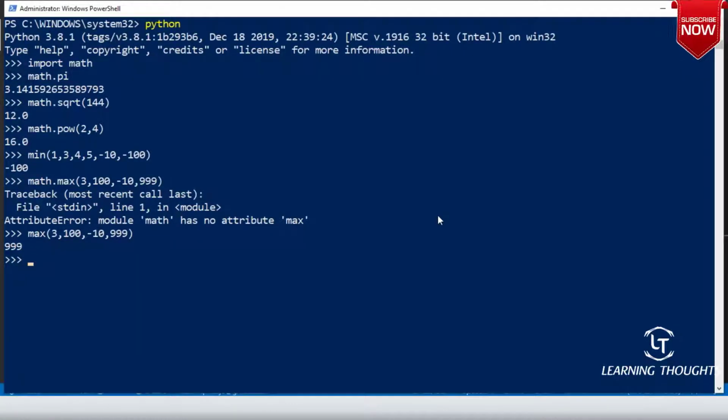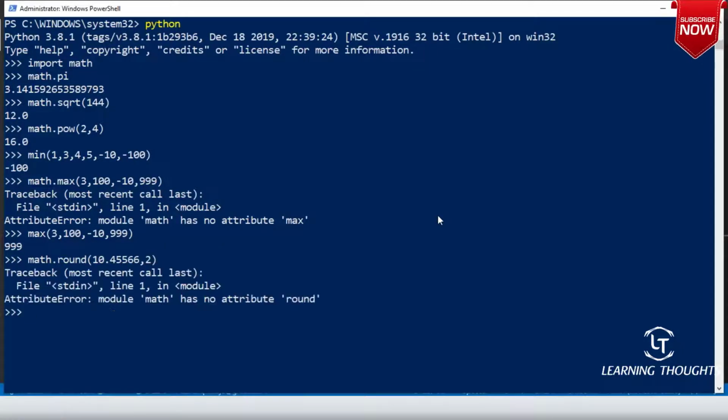Similarly, you can use round, 10 dot 4556 comma 2. Sorry sir, I have imported it already. My bad.